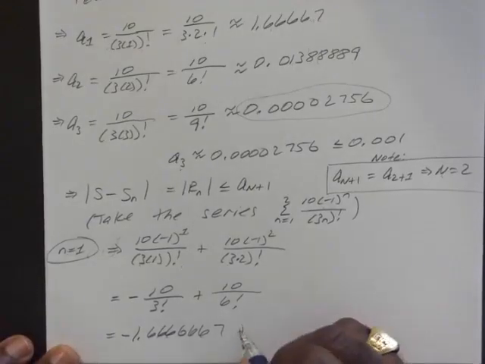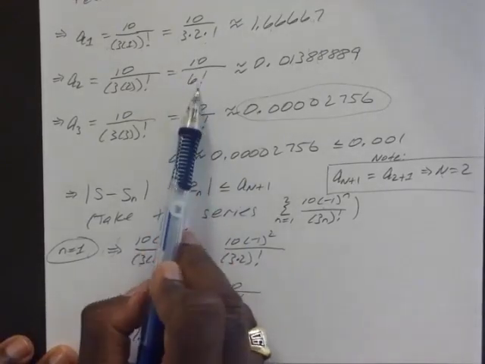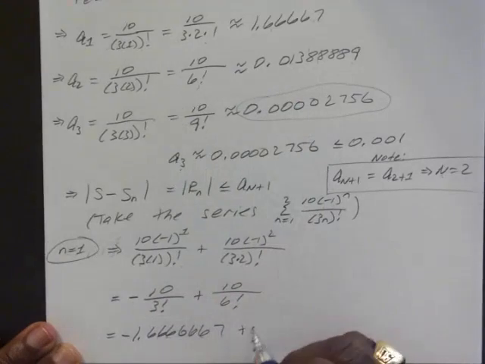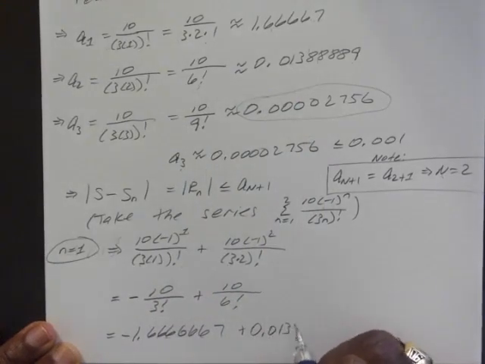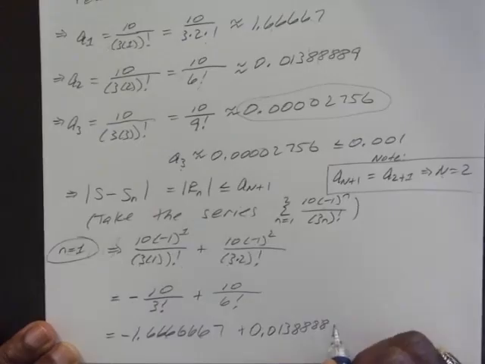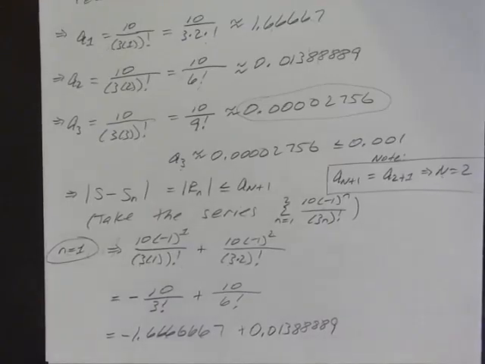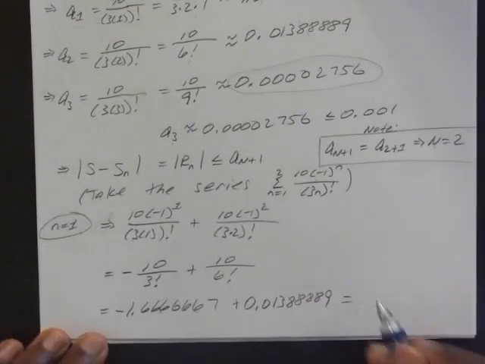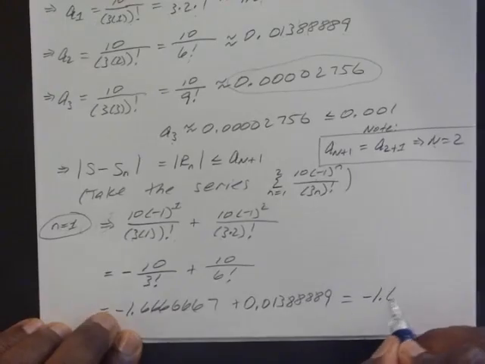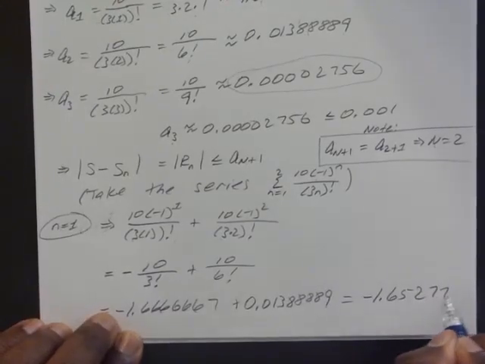Okay, plus we have 10 divided by 6 factorial, which is 0.013888889. Okay, so we add those together, we have -1.652778.